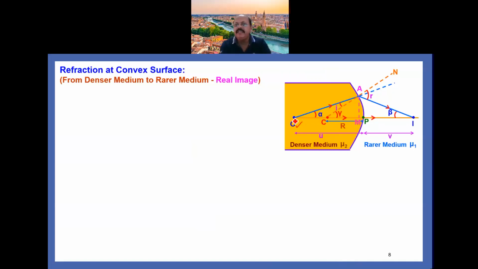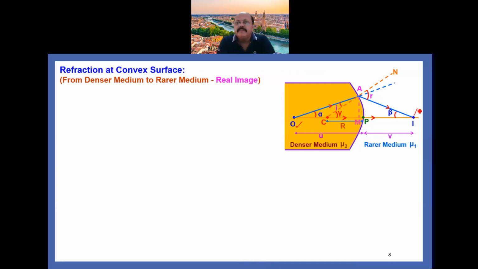The first ray which incident along OP, that is normal incidence and passes straight, and second ray incident along OA, since it is denser to rarer, so the ray bends away from the normal and AC, that is along AI, and meets the first refracted ray at point I.